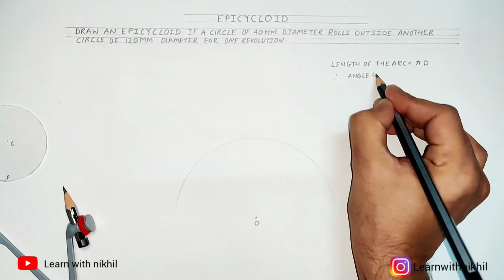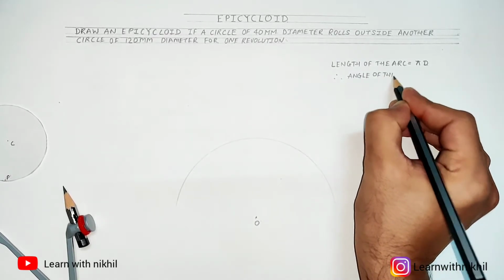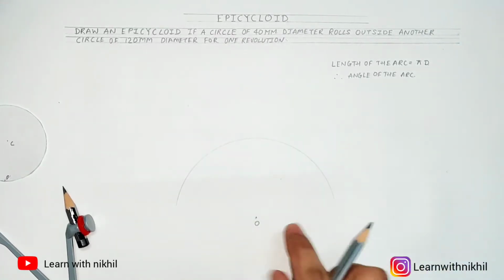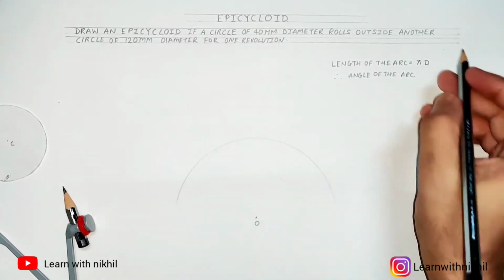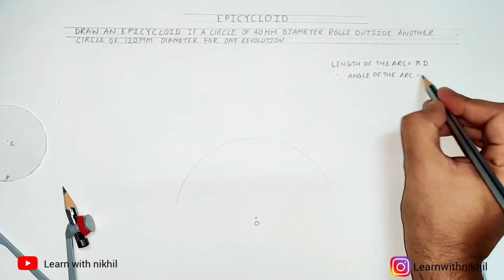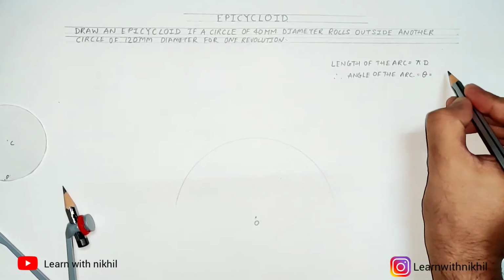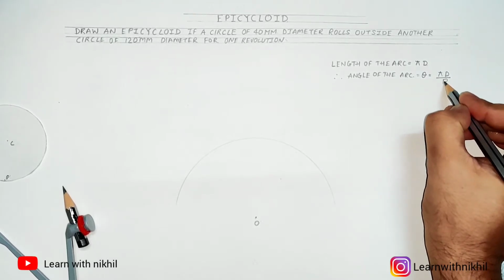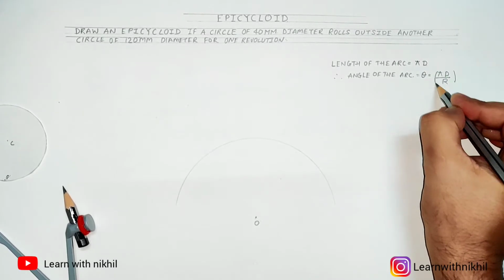So we have to calculate the angle which it travels. So angle of the arc, theta, is equal to pi into the smaller diameter upon the bigger radius.